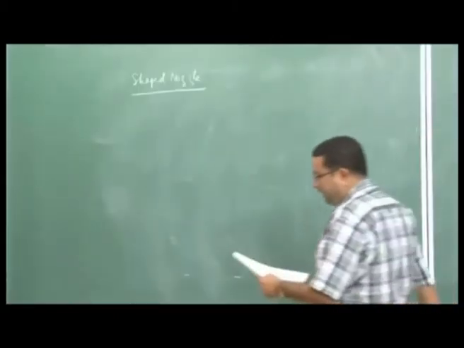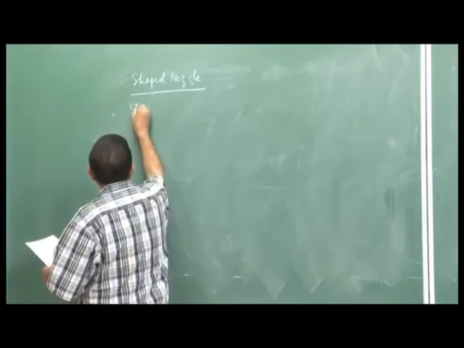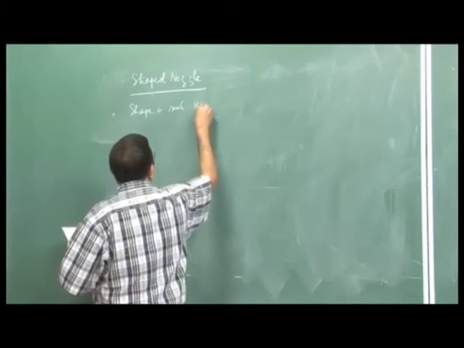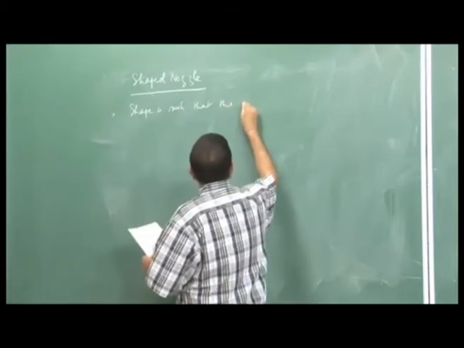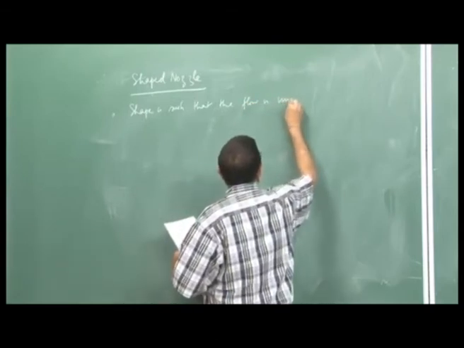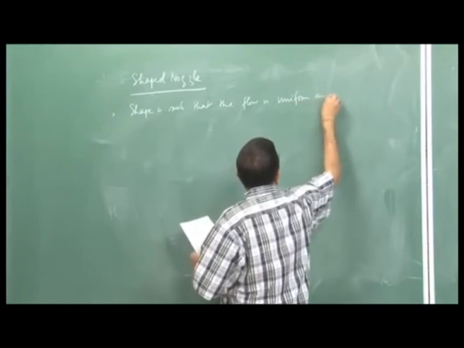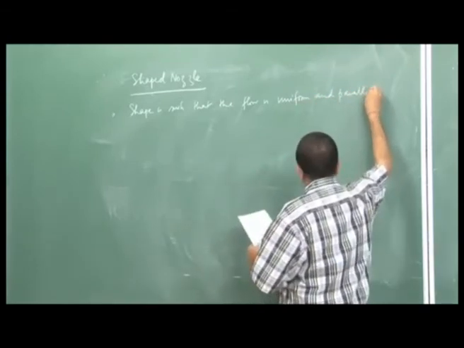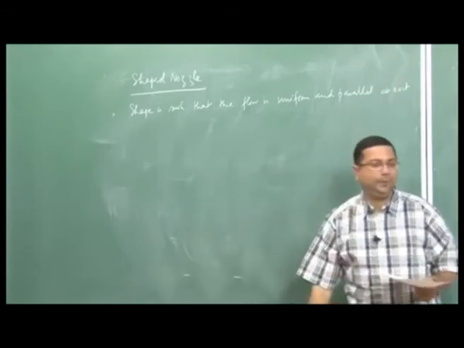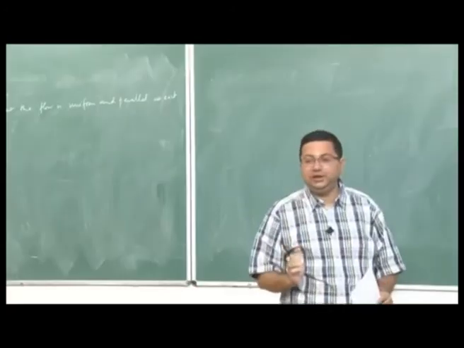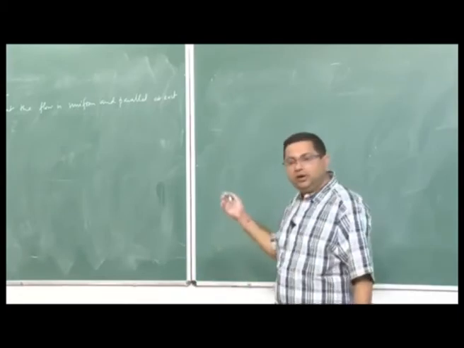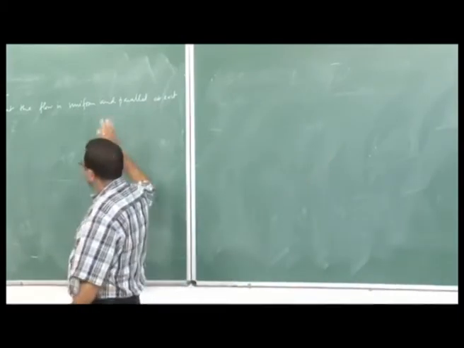So, the primary aim is that the shape is such that the flow is uniform and parallel at the exit. This is the ultimate goal, that we turn the flow gradually. We do not turn it in one go, we turn the flow gradually in such a way that towards the exit of the nozzle, the flow is uniform and parallel.